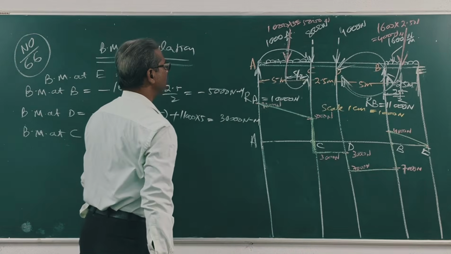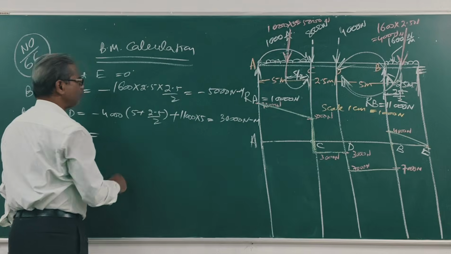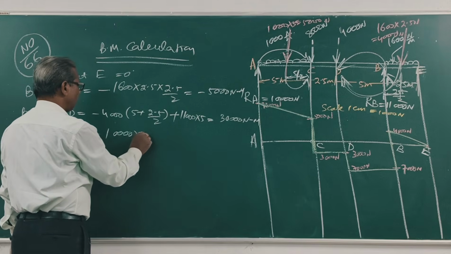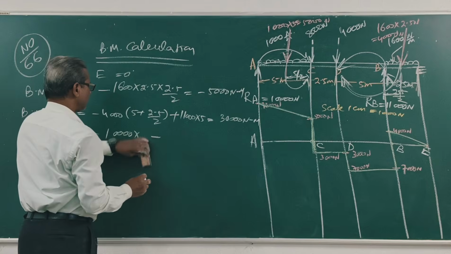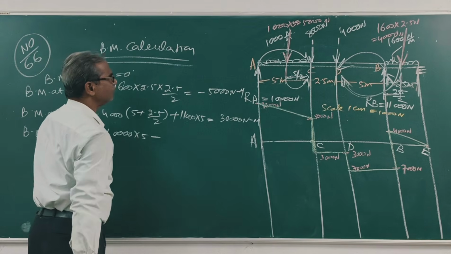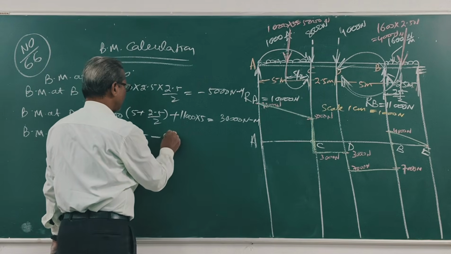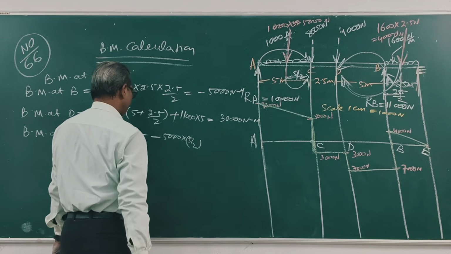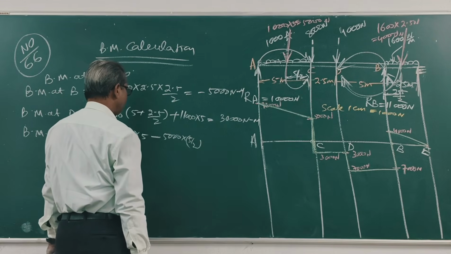So this is 10,000 into 5 minus 5,000 into 5 by 2. Clear?